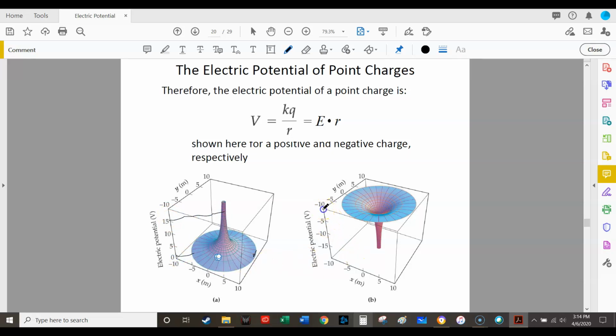Well, here, this is 0 volts, and this is a negative voltage down there. So this is sea level here, and then we're going further down underwater. Here, this is 0 volts, and this is a positive voltage right here. So you could see that this charge is what is creating that height. And that's why we need to keep the sign in there and not put absolute values around that. Okay.